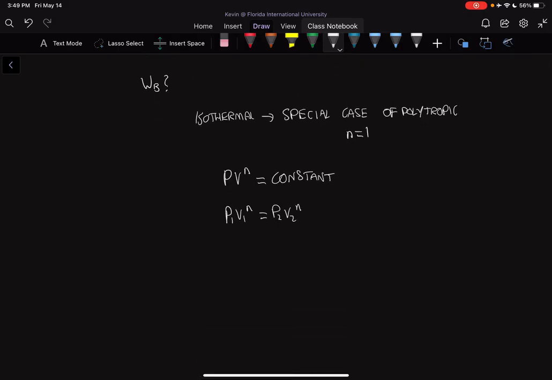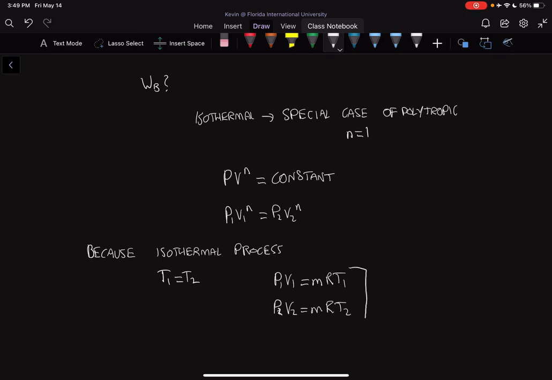Now, because we have an isothermal process, we also know that temperature 1 is equal to temperature 2. So what happens if we write our ideal gas law out? We have P1V1 is equal to MRT1 and P2V2 is equal to MRT2.